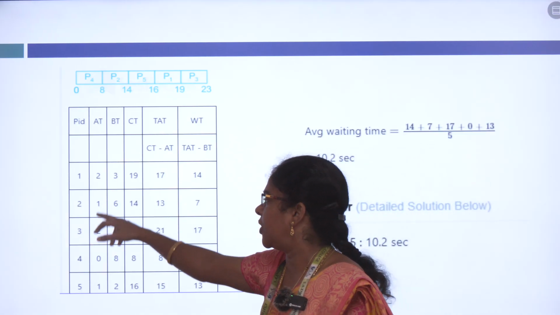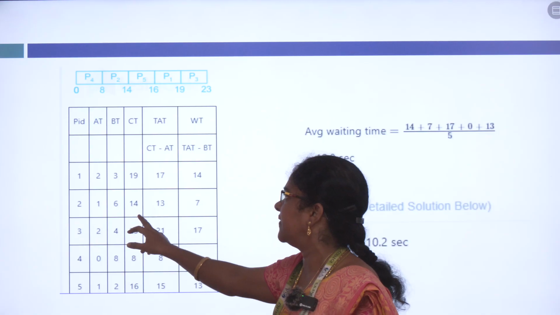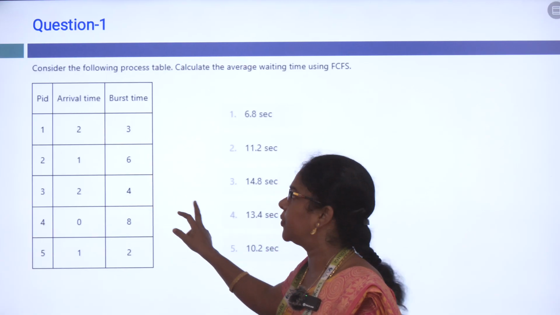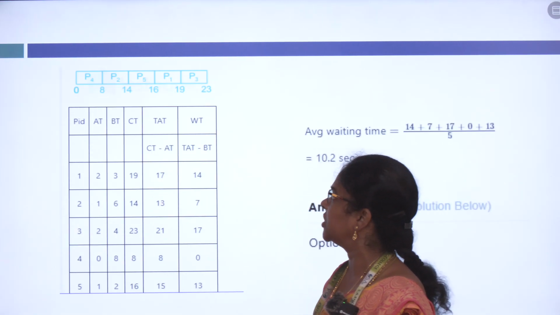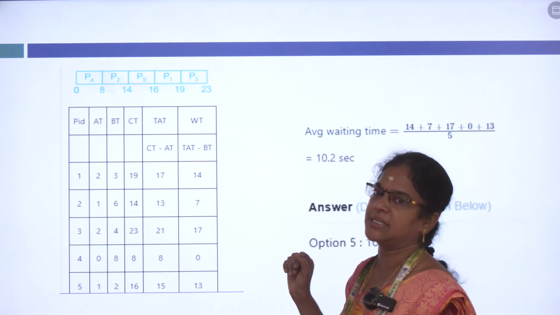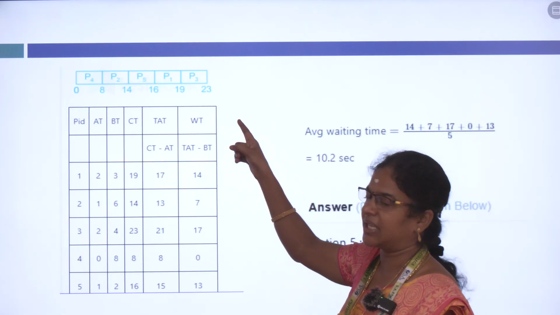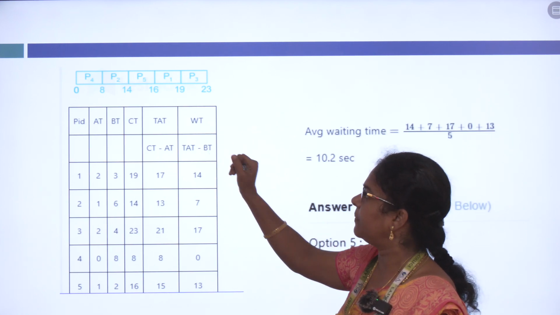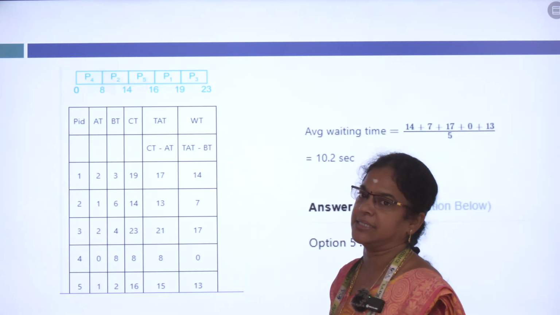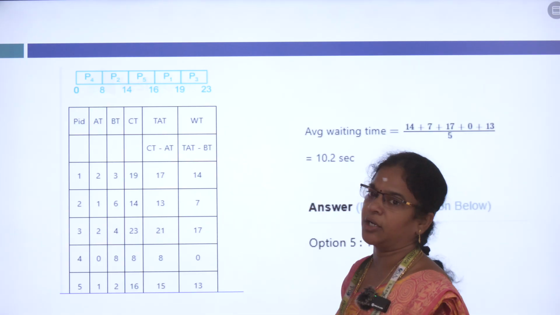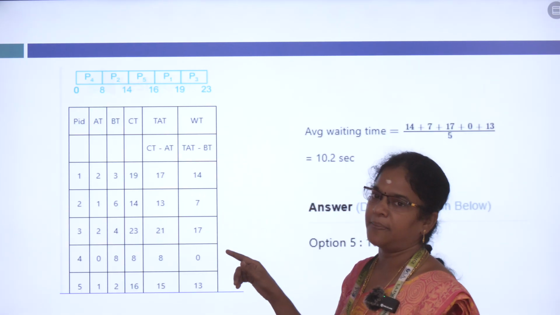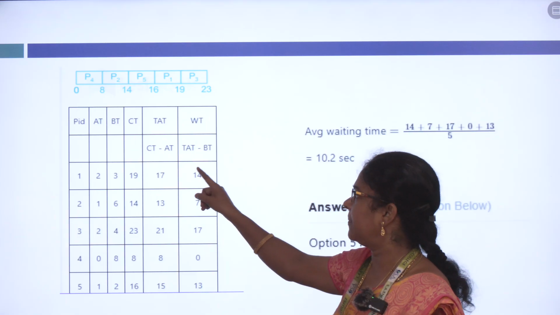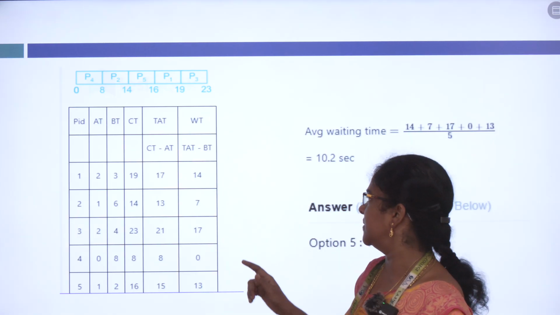So you find out the Gantt chart first. Then you write the process, arrival time and burst time in your program. You write the completion time: P1 completion time is 19, just take it from the Gantt chart, P2 is 14, P3 is 23, P4 is 8 and P5 is 60. Similarly, you find out the turnaround time, which is completion time minus arrival time, and waiting time, which is turnaround time minus burst time.